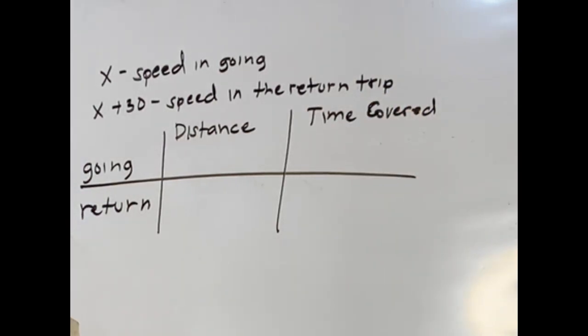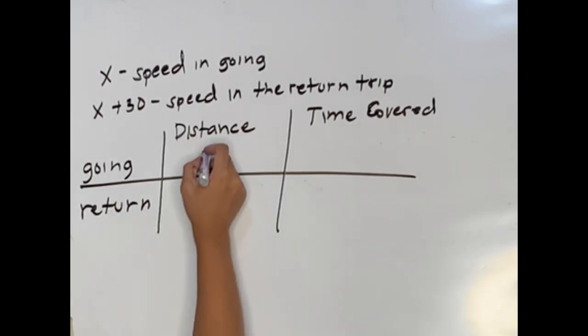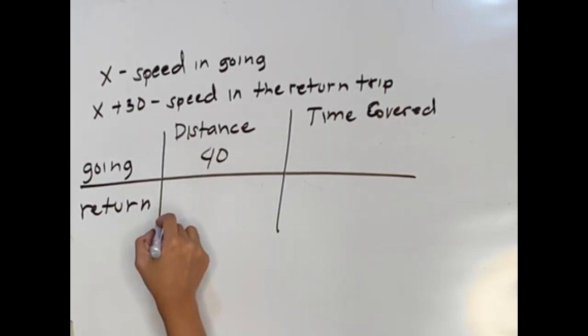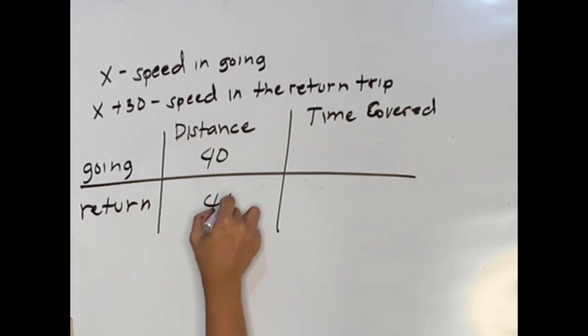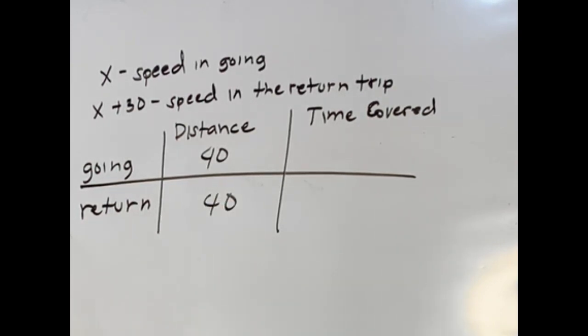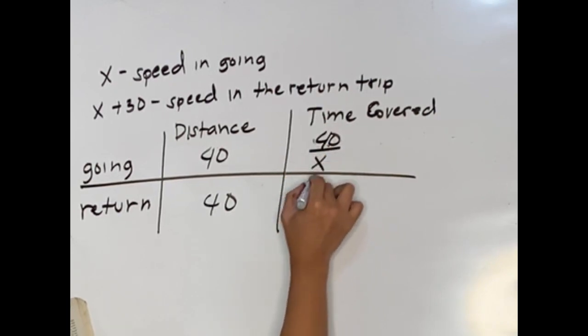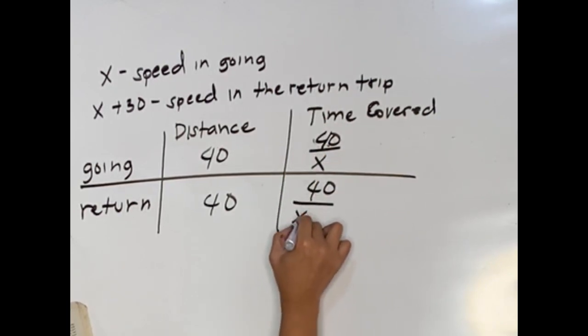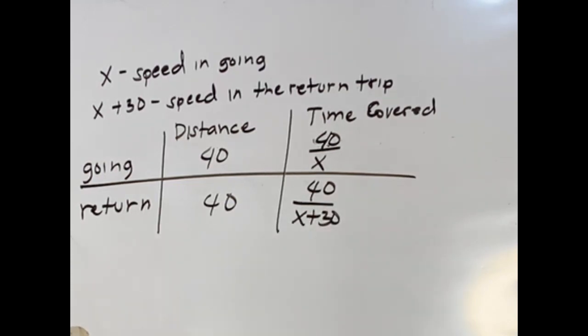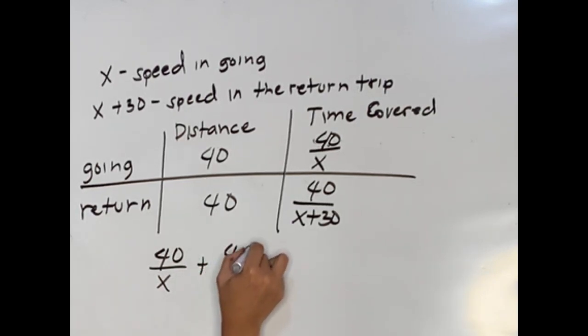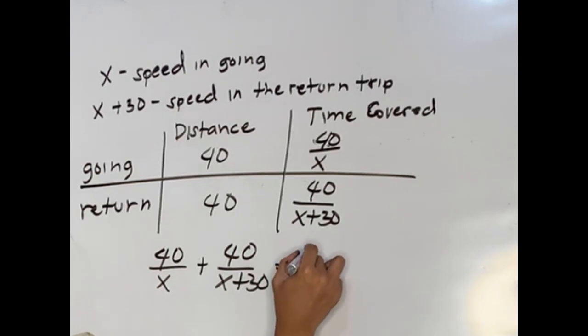Our distance in going will be the same as our distance in returning, which is 40 miles. Then the times are 40 over x and 40 over x plus 30. So adding the two, 40 over x plus 40 over x plus 30 will give you 2 hours.